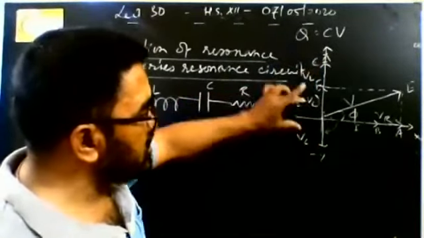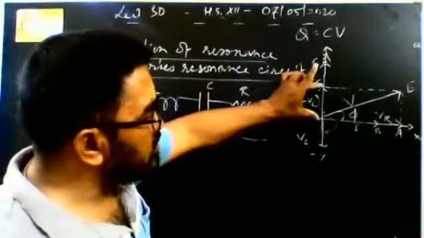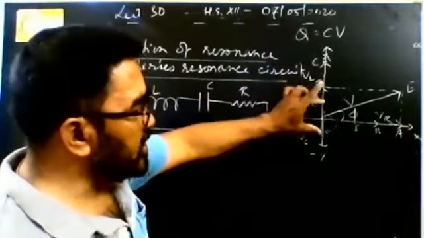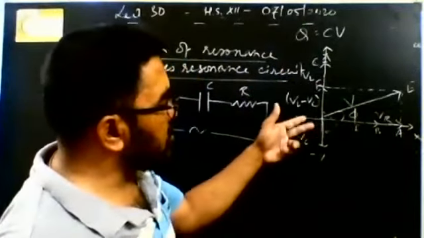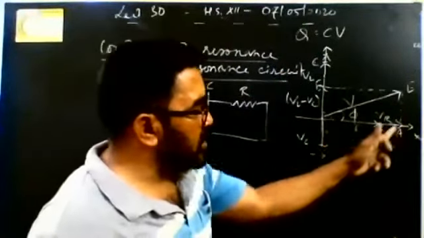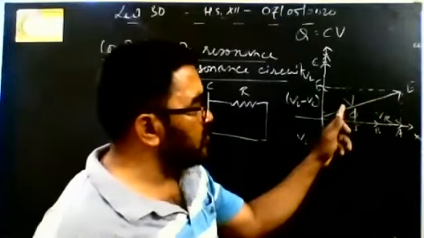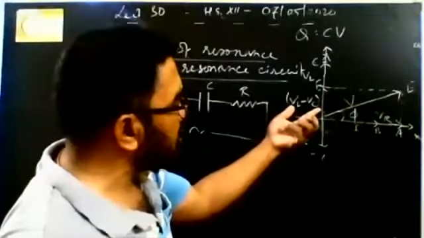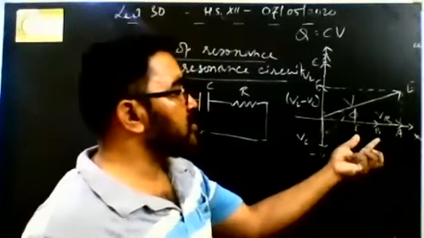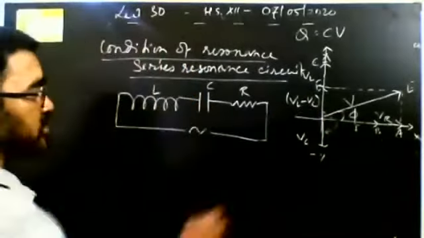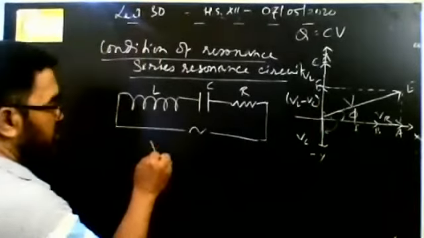After subtraction, VL minus VC will give this portion. Okay. So finally, to get the resultant voltage, what we have done? We have drawn a rectangle, and the diagonal will give the resultant between VL minus VC and VR.